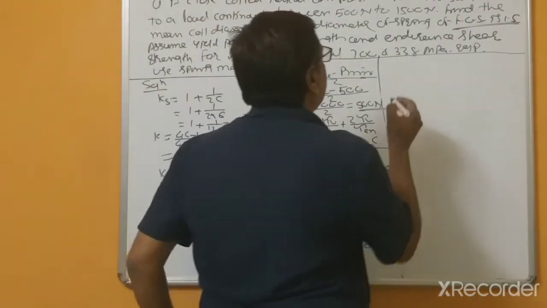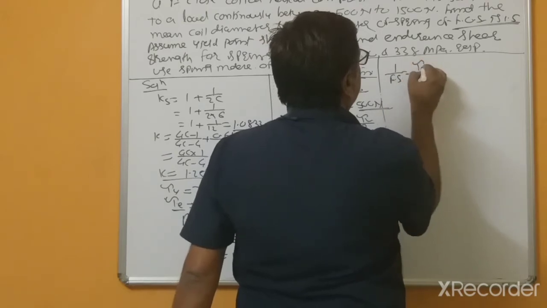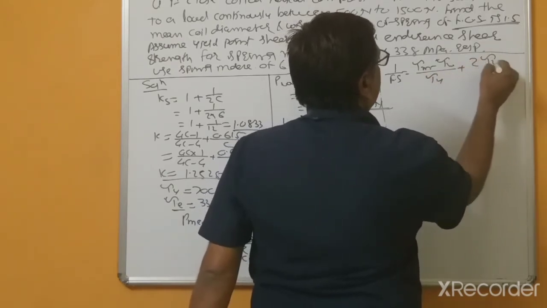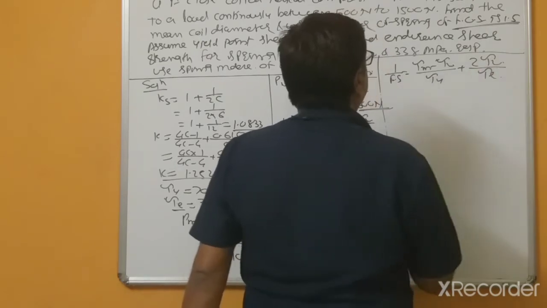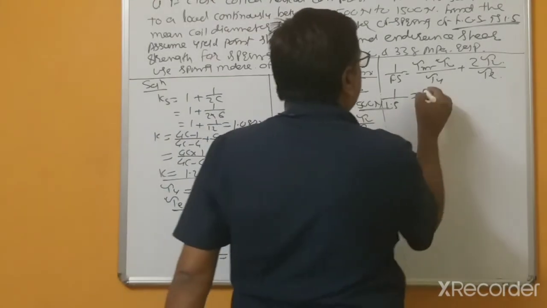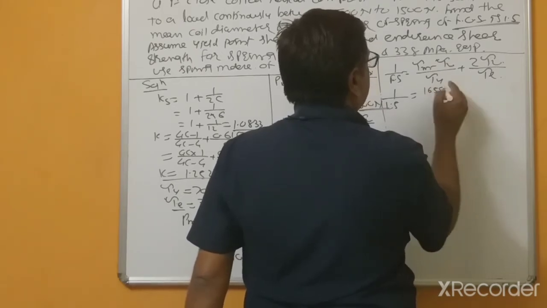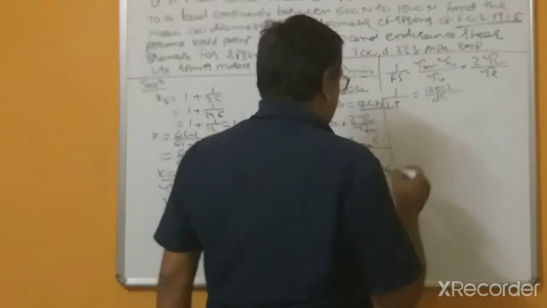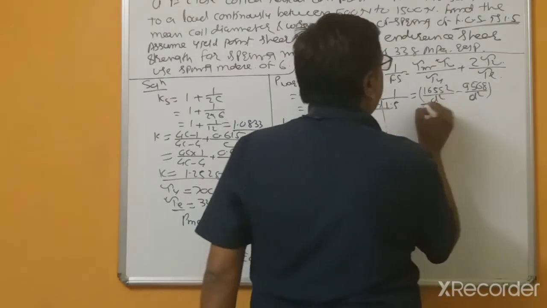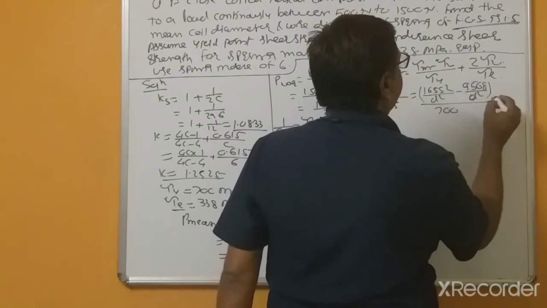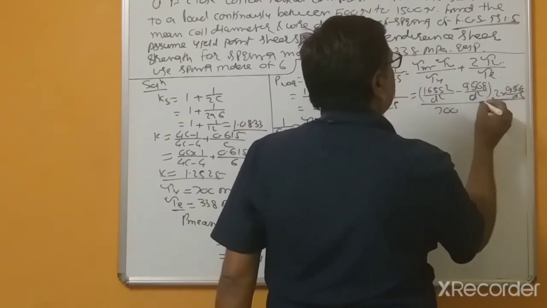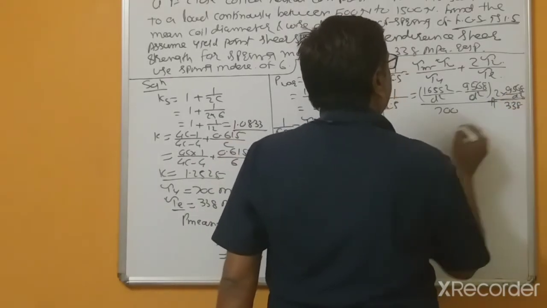Now the rest of the parts are easy. 1 divided by factor of safety equal to (tau m minus tau v) divided by tau y plus tau v divided by tau e. So 1 divided by 1.5, tau m equal to 16,552 divided by d squares minus, I am taking only round figures, tau y, this is 700, plus tau v, this is 9568 divided by d squares, and this is 338.